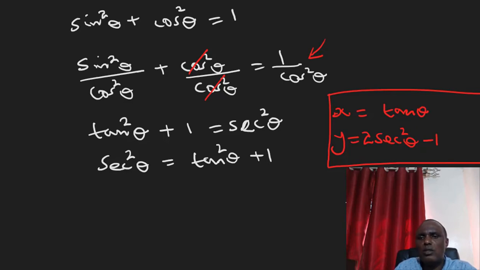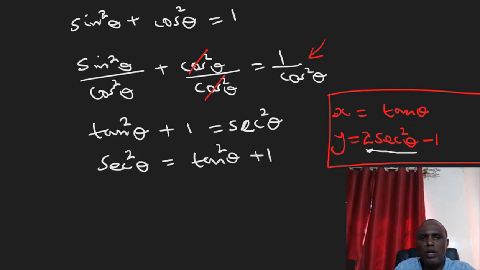So what we shall do is that this equation, y is equal to 2 sec squared theta minus 1, where we have sec squared theta, we will replace with tan squared theta plus 1.